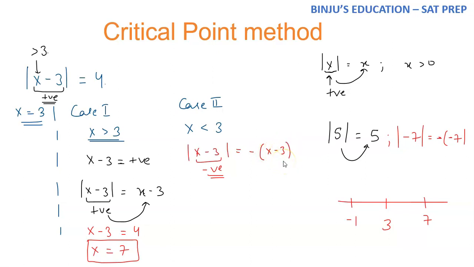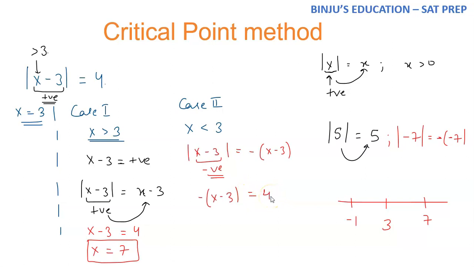I can't say mod of x minus 3 will be equal to x minus 3 when x minus 3 is negative. In order to convert it into positive, I'll have to multiply this by a negative sign. So mod of x minus 3 is equal to minus of x minus 3, that will be equal to 4.